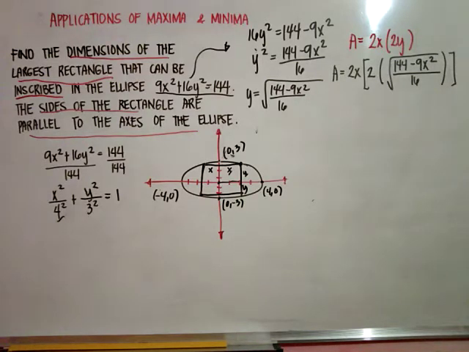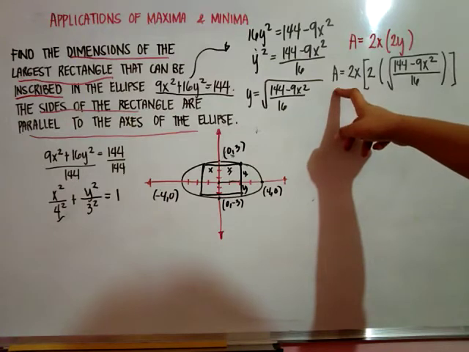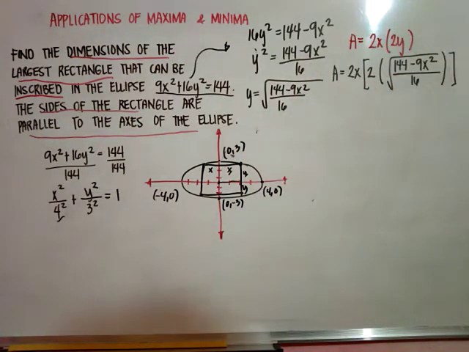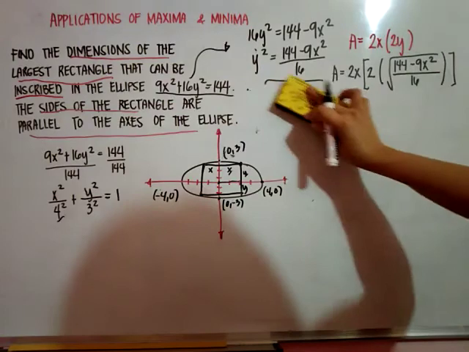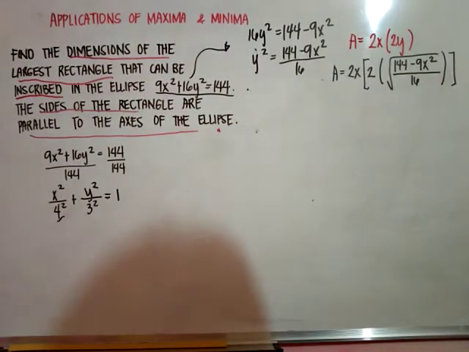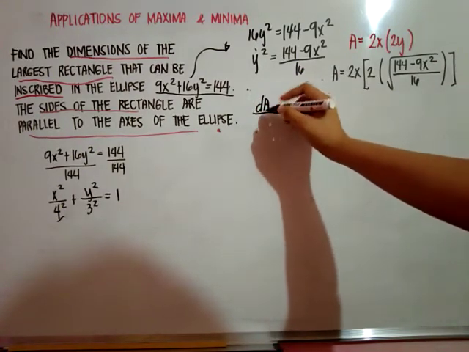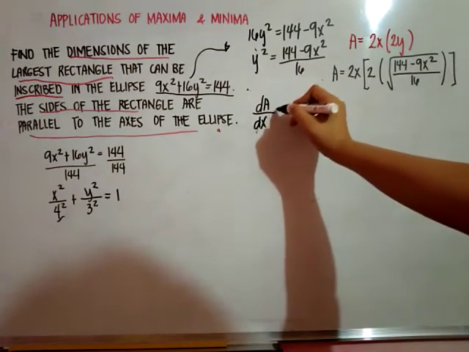Therefore, we can proceed to differentiation. In order to maximize the area of the rectangle, we have to differentiate it, then equate it to 0. So, let's differentiate. We have the derivative of A with respect to the variable x.